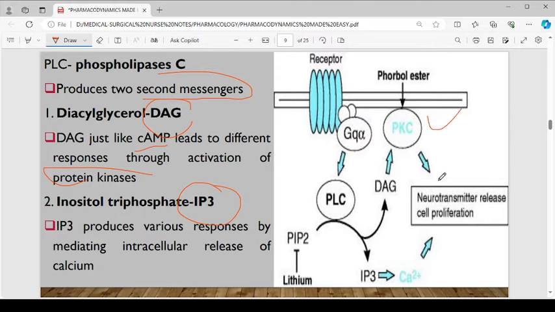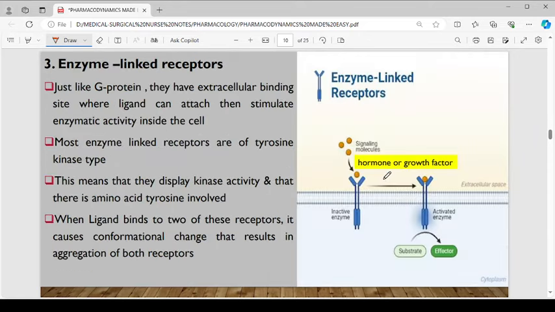And we have the inositol triphosphate, and this one produces various responses by mediating intracellular calcium response. You can see it's releasing calcium ions, and in that case they are able to lead to neurotransmitter release and cell proliferation, along with the DAG. So those are the 2 second messengers that can be derived from the phospholipase C.